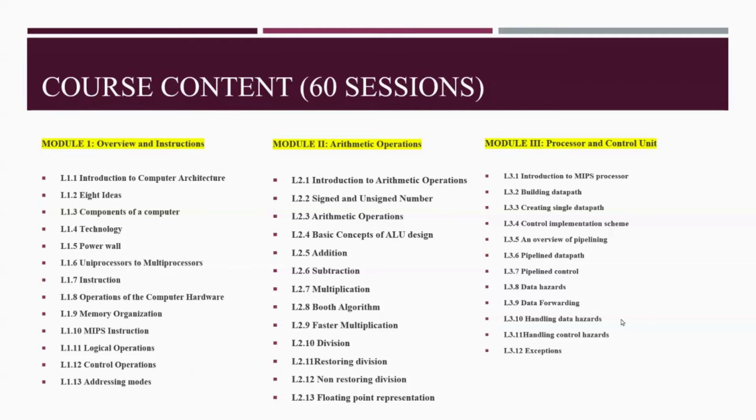Each session will give you a deeper understanding of each topic, so that you feel comfortable and happy learning computer architecture. You will find it easy to handle the subject, and you will also feel happy sharing the concepts of each topic when you understand it in a better way. So this is how the modules have been divided into sessions.